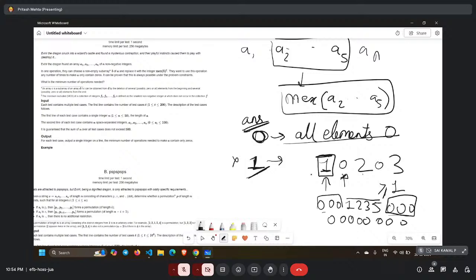So if we remove trailing zeros and leading zeros, and we get an array with all elements greater than or equal to 1, then we can say that we can do it in one operation. And since we have at least one element which is not equal to 0, we can't do that in 0 operations. So the answer would be 1.